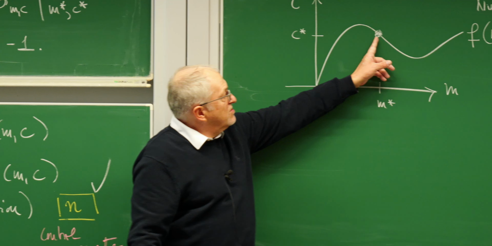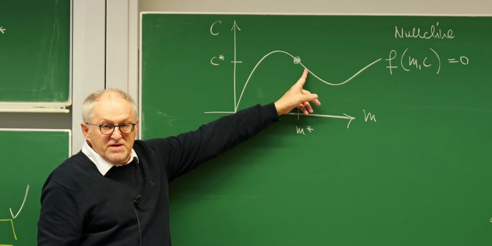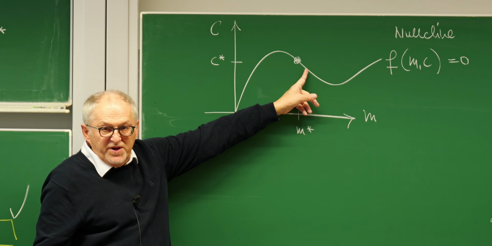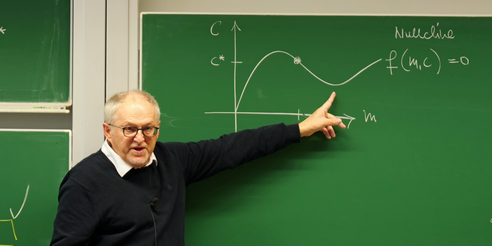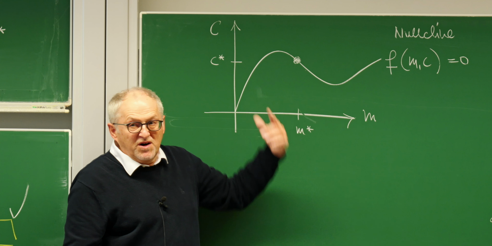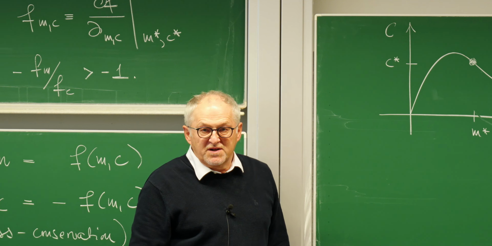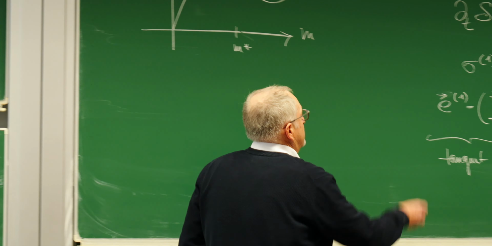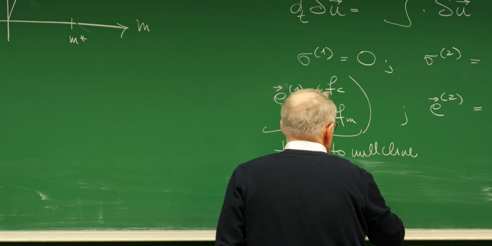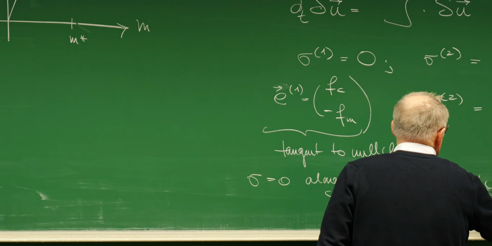The reason being, go tangent to the nullcline, meaning you go from here to here. If you move to here, is there a restoring force? No, you are on an equilibrium point. So as you go along equilibrium points, there is no non-vanishing eigenvalue. It has to be 0, because there's nothing that pulls you back as you go along the nullcline. So this is sigma equals 0 along the line of equilibria, that is the nullcline.